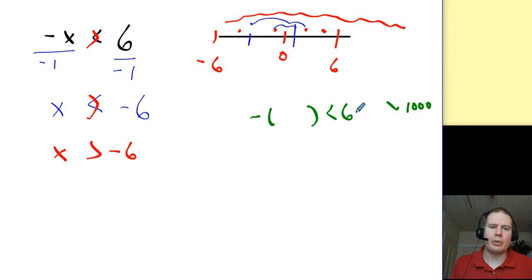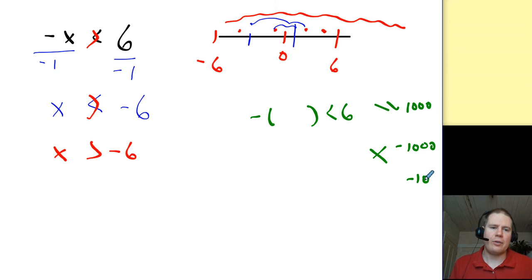Negative 10 billion is less than 6. All right, that works, so these giant numbers are all working. Let's try negative 1,000. What's the opposite of negative 1,000? The opposite of negative is positive. Positive 1,000. 1,000 is not less than 6. That's not going to work.